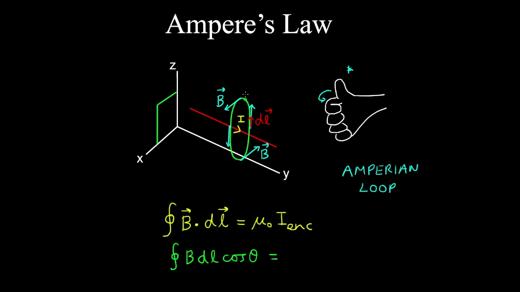And if we look at this circle in the xz plane, we have the radius of the circle multiplied by d theta equal to the length of the differential length vector. So this becomes an integral of B r d theta.